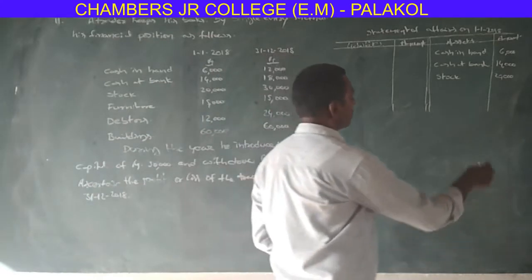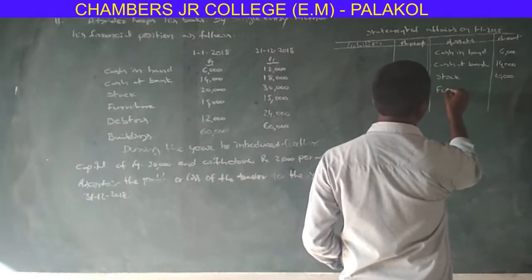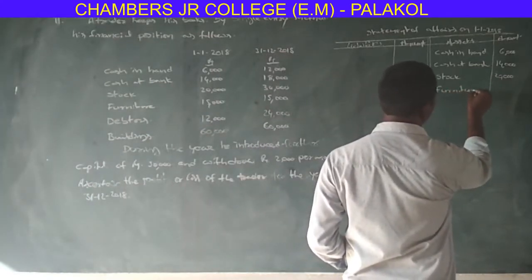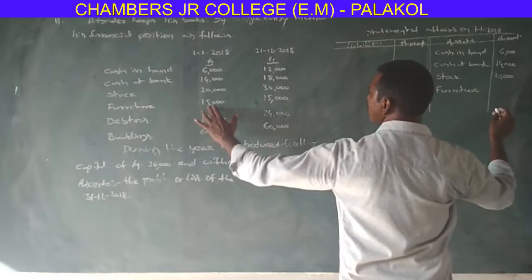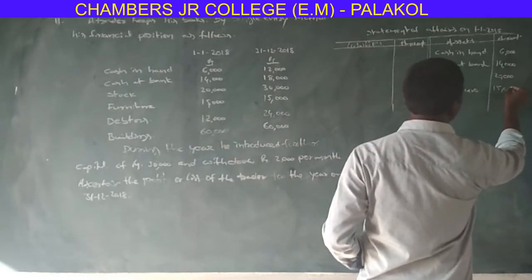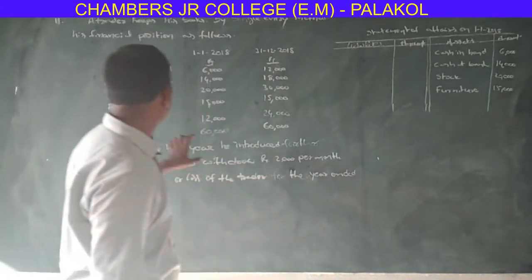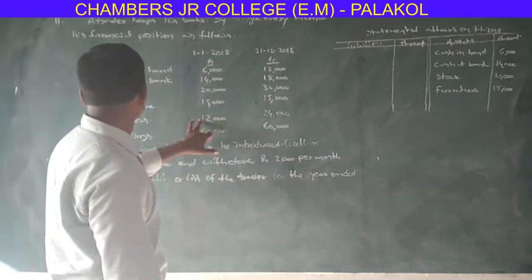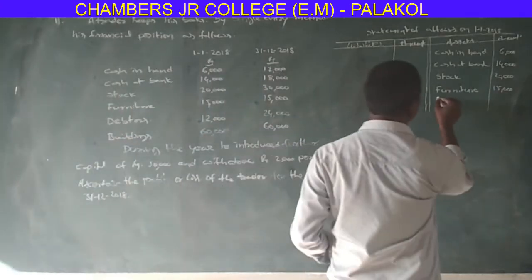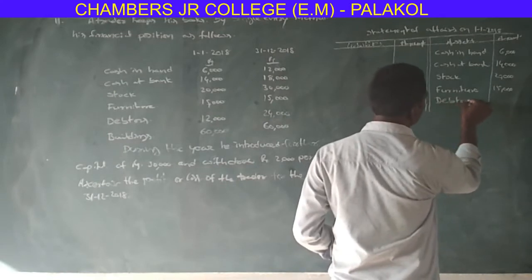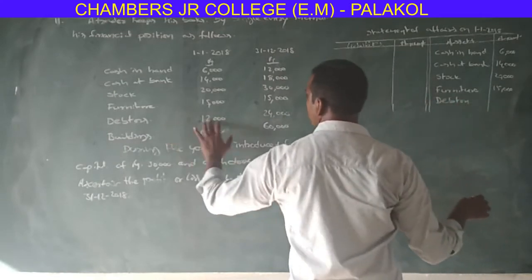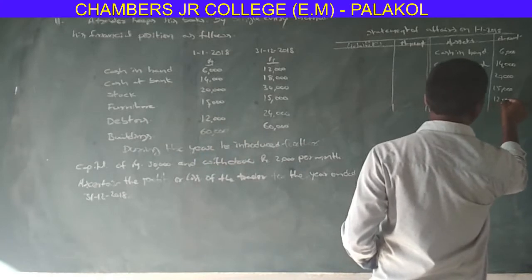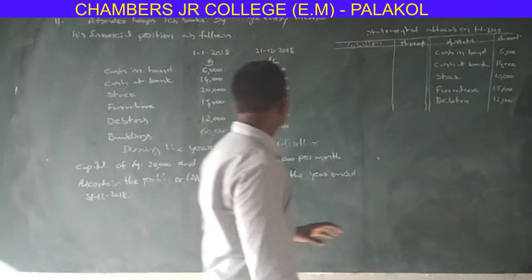Furniture. Furniture is also an asset. Furniture, rupees 15,000. Okay, next, debtors. Debtors also an asset. Debtors, rupees 12,000.